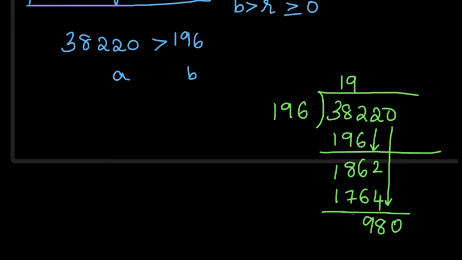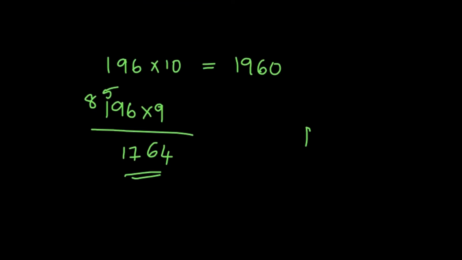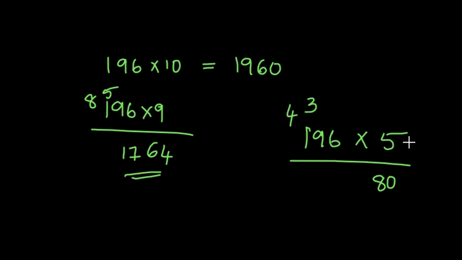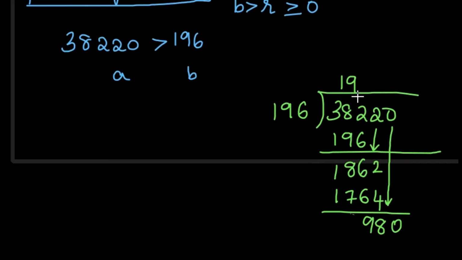Now 196 multiplied by 5, we get 5 6s are 30, 3 carry, 5 9s are 45 plus 3 will give you 48, 4 carry, 5 1s are 5 plus 4 will give you 9. 196 multiplied by 5, we get 980.